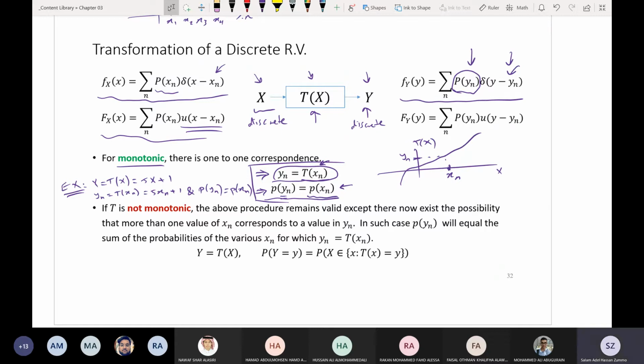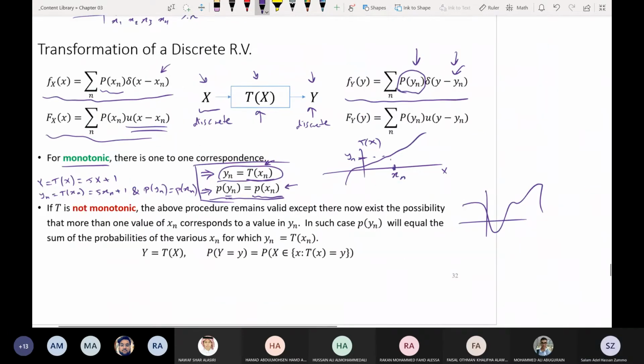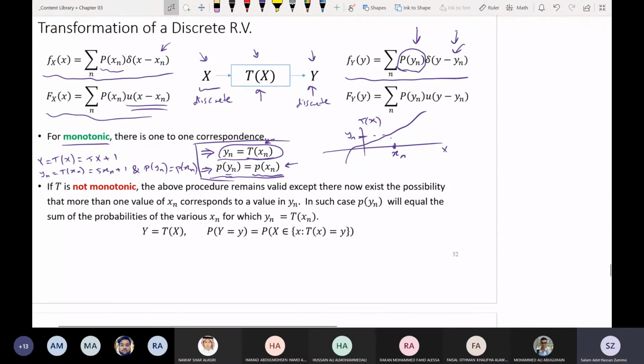No questions? Now, what happens if T is not monotonic? Not monotonic, as we said, means it goes up and down. Just sketch a better graph. Non-monotonic means it goes up and down.